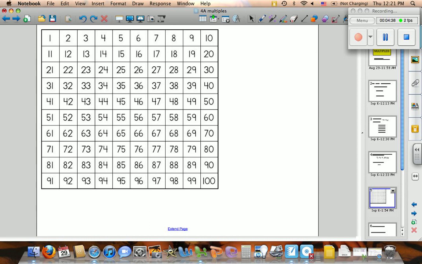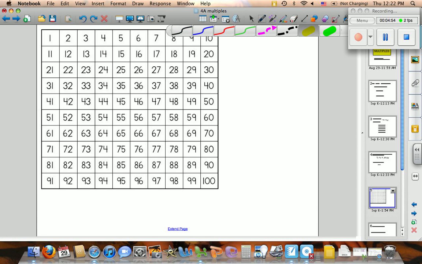Now here we are looking at a table that contains 1 to 100. This is a neat table where you can see the multiples very easily.